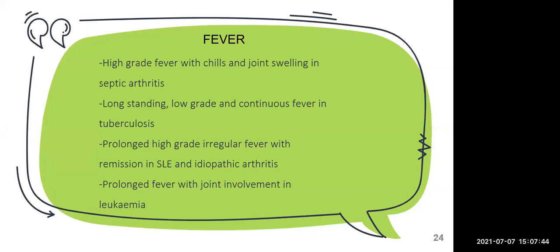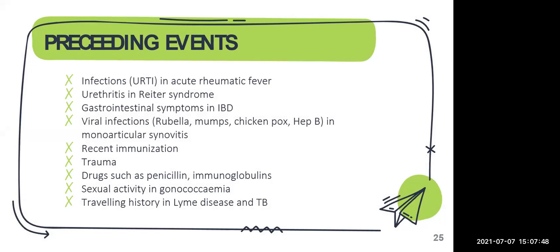Okay, so next, we also need to ask the patient regarding the preceding event before the arthritis, such as if there is any infection, which can occur in acute rheumatic fever, arthritis in Reiter syndrome, GI symptoms in IBD, if there is any viral infection, and recent immunization is also important, such as for septic arthritis patient.